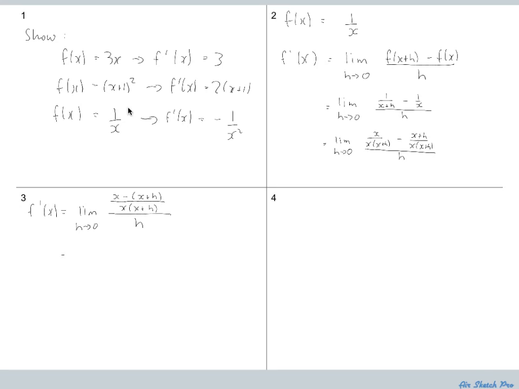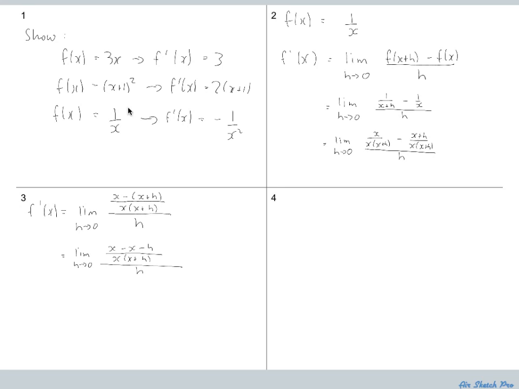Now, whenever I'm subtracting something which is compound like x plus h, I always take an extra step and put brackets around it so I don't stuff up my negatives. Because I hope you can see here now that the top part of the fraction is going to be x minus x minus h, all over x times x plus h, and the whole thing is over h.